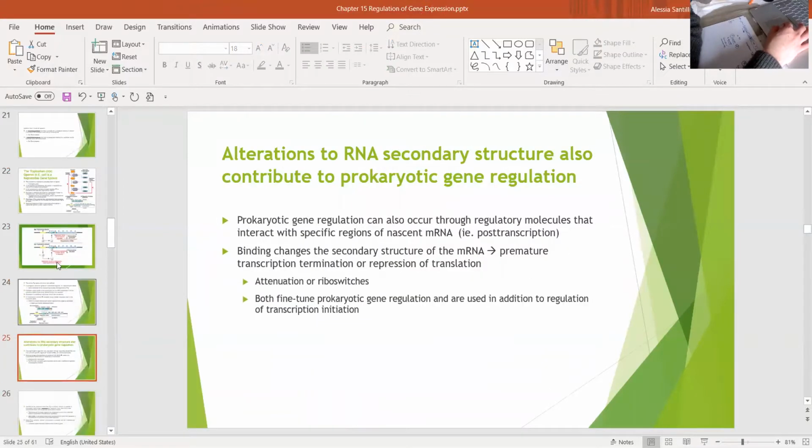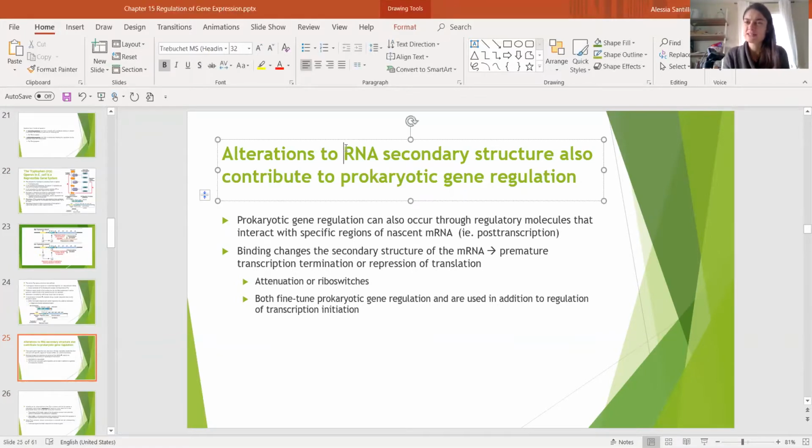So this is another type of initial transcription control, with the repressible operons that we have. The lac operon we also saw was transcription initiation control as well. Then we move on to a different kind of control that manipulates RNA secondary structures.